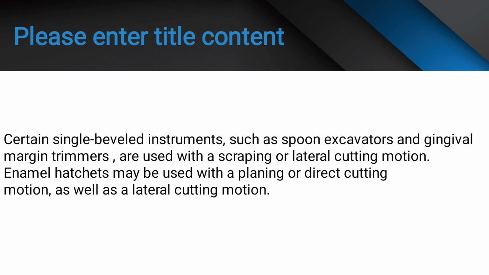These beveled instruments, such as spoon excavators and gingival marginal trimmers, are used in scraping or lateral cutting actions, whereas the enamel hatchet may be used for planing or direct cutting motion as well as a lateral cutting action.